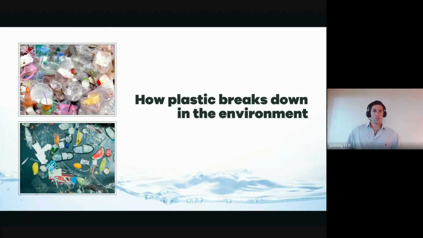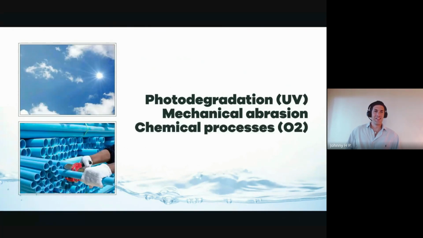Now I'm going to transfer a little bit of our attention towards that kind of discussion of plastic breaking down in the environment. There are three principal pathways by which these secondary microplastics are formed in the environment. So again, that proverbial tragic plastic bag floating in the ocean.